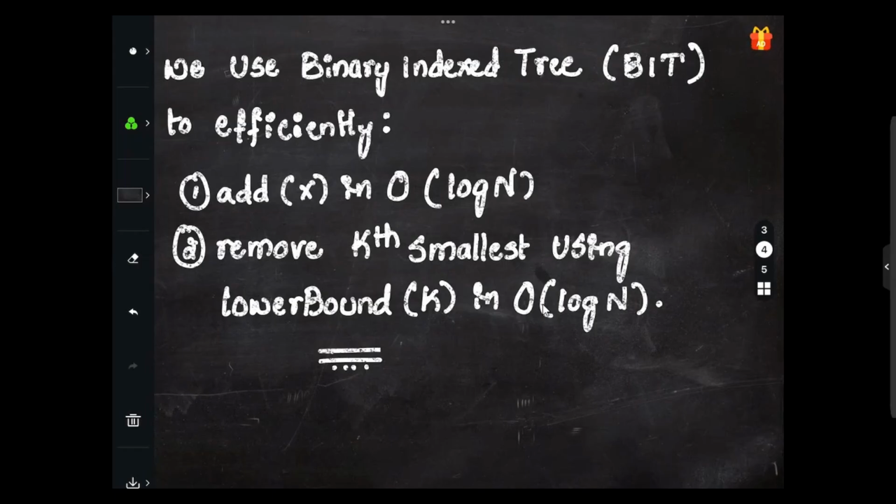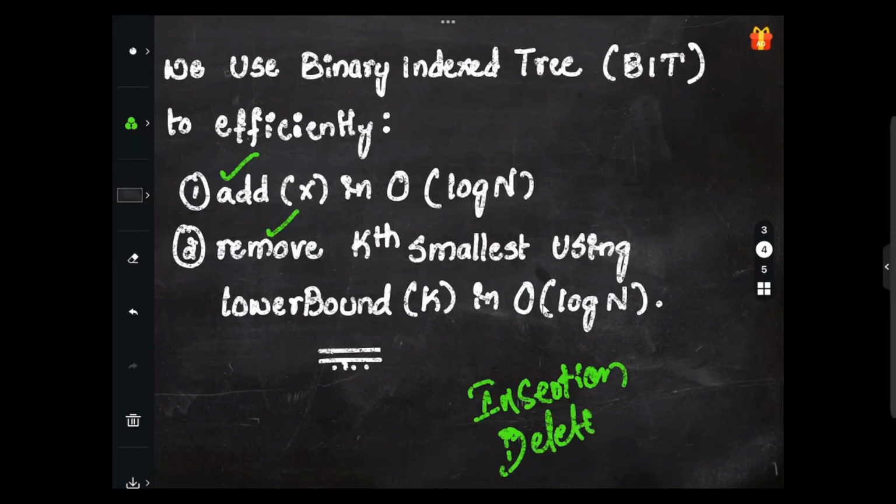One more thing, before moving on with the complexities part. We will be making use of the Fenwick tree or the binary index tree, BIT. Why? Because we will be going with the add and remove. Basically in the question they have asked for insertion and removal or deletion. Removal is nothing but the deletion, right?